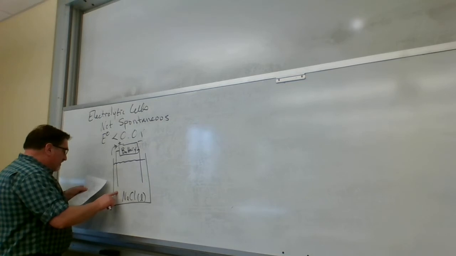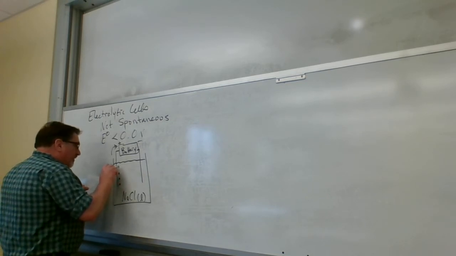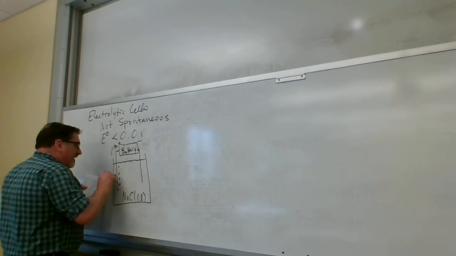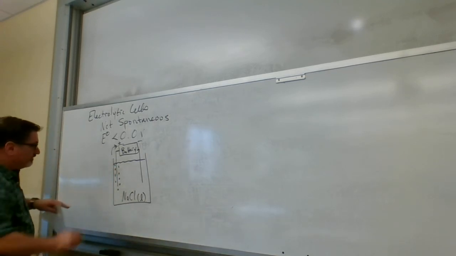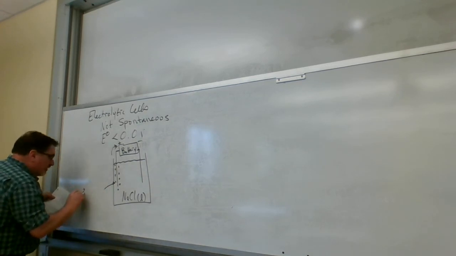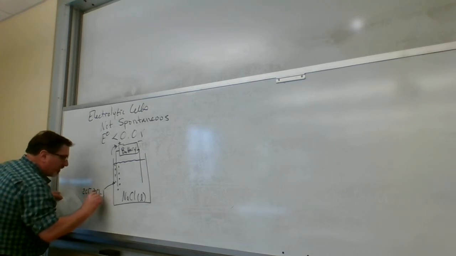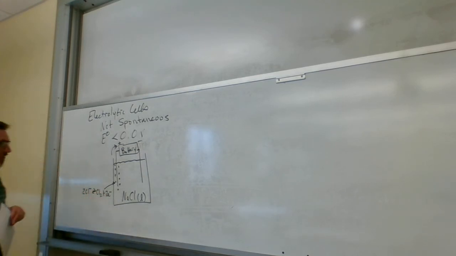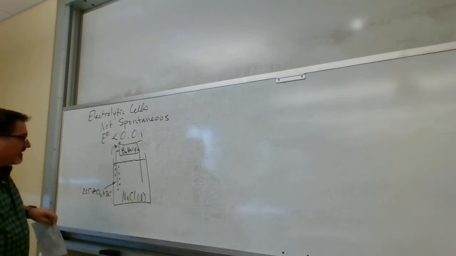So on the anode side, during this process, when we supply enough potential, we generate chlorine gas. So 2Cl minus goes to Cl2 plus 2 electrons. Okay? We force the electrons to come out of that side and move over to the other side.